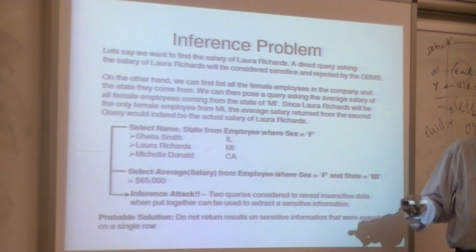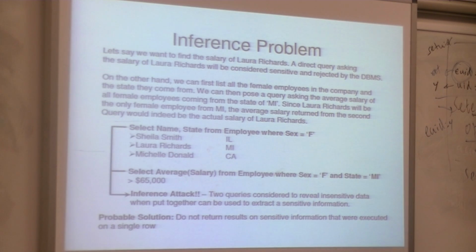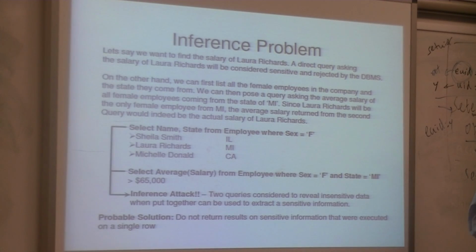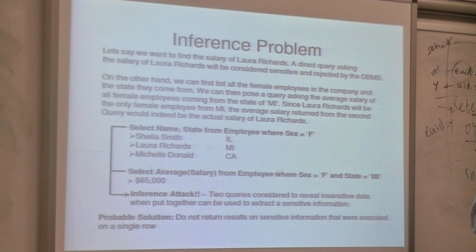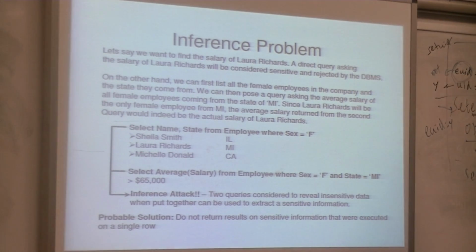Right? So using these two queries, you can really infer the salary of that employee, which is sensitive information that you can infer from queries which appear to be revealing non-sensitive information. Okay? So this is called the inference problem, or inference attack, on databases.